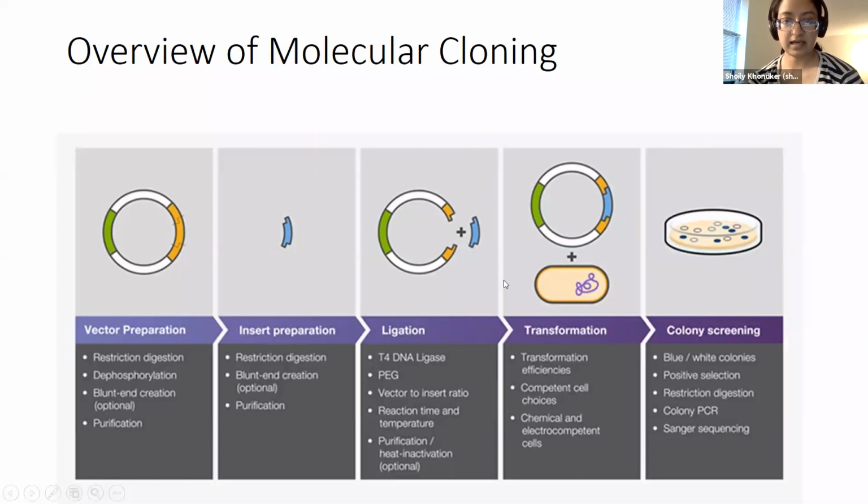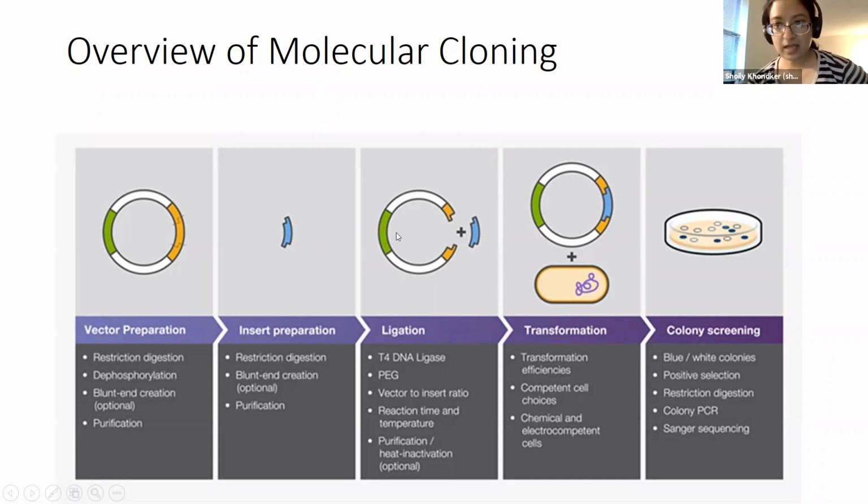There should be an excess of the insert compared to the vector. Reaction time and temperature can also be dependent on multiple factors, including what type of ligase you're using and your quantities of vector and insert.